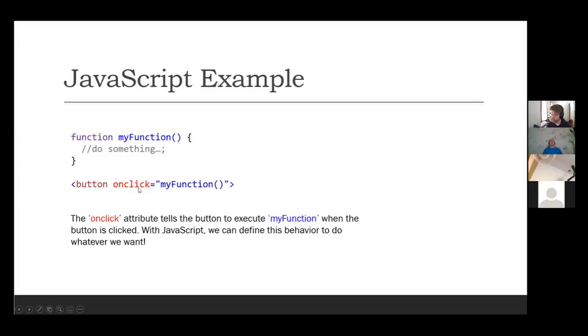Now the onClick attribute is going to tell the button to execute my function every time it's clicked. So say I wanted to add a number. I just have the number 0. And on click, I want to add 1 to that number. Every single time I click on that button, the number jumps up by 1. Something as simple as that could be an example of a JavaScript function.